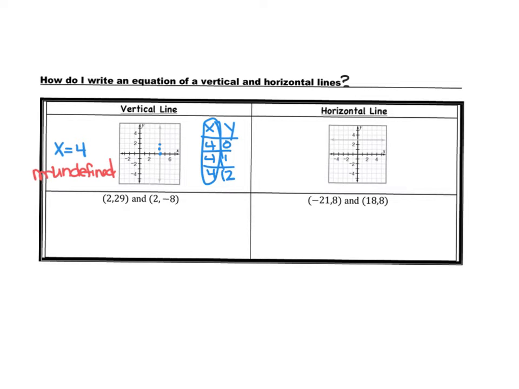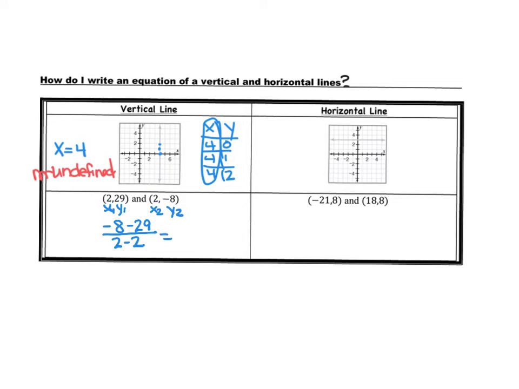Now let's write an equation between 2 points. And remember, you need 2 things in order to write an equation. And in this case, I have -8, so y of 2 minus y of 1, all over x of 2.